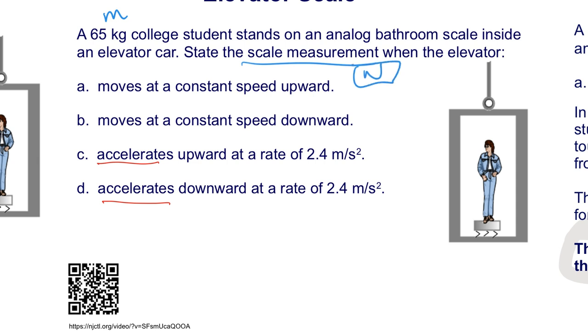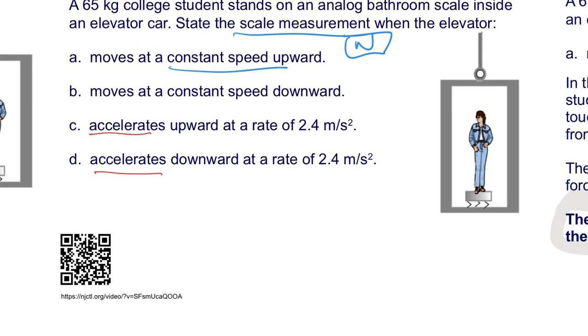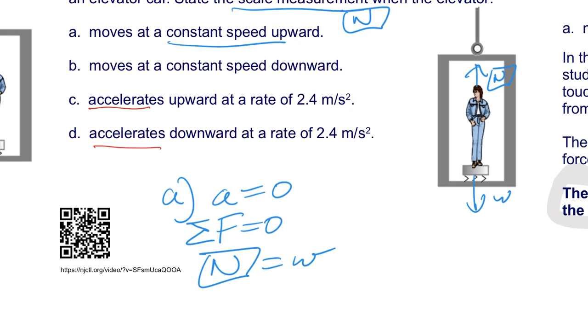So when she moves at a constant speed, that means acceleration equals 0. That means the net force equals 0. That means that for the lady right there, the normal force has to equal the weight, because they balance each other. So that's a scale reading.